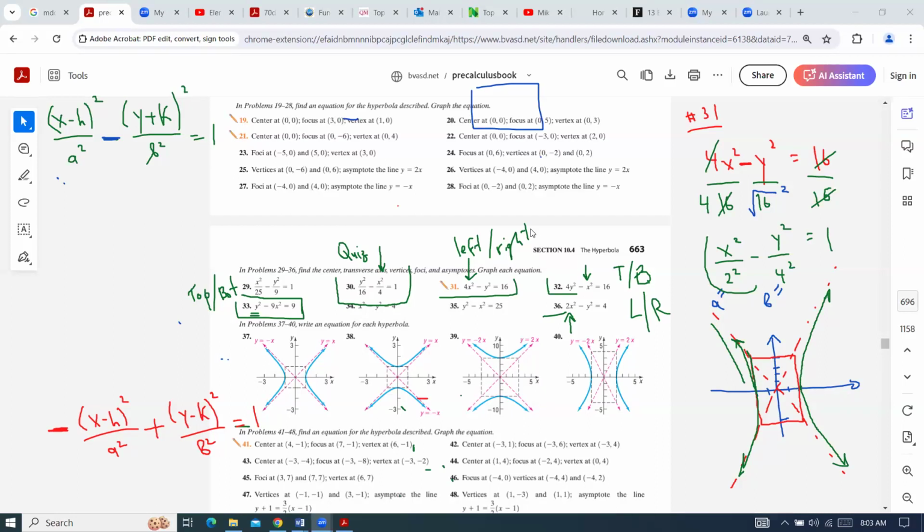And if you, for some reason, could not follow what we just did, that's fine. No worries. I will email you a recording and you will be able to watch what we did, how we graph, and why top-bottom or left-right hyperbolas appear. It all depends on the sign of x squared, right?